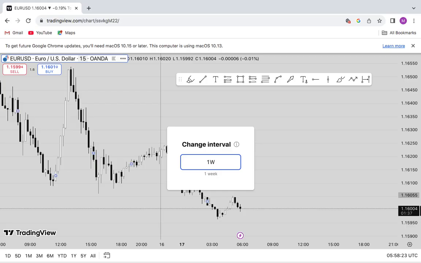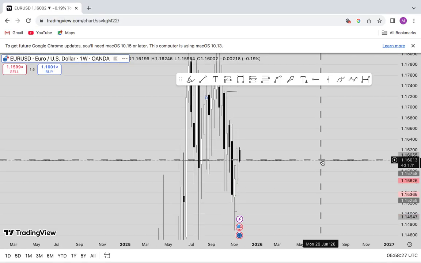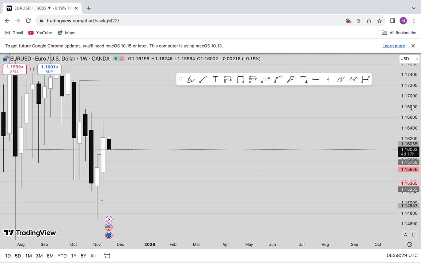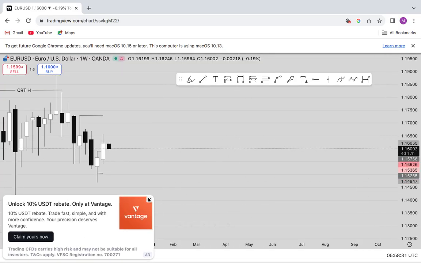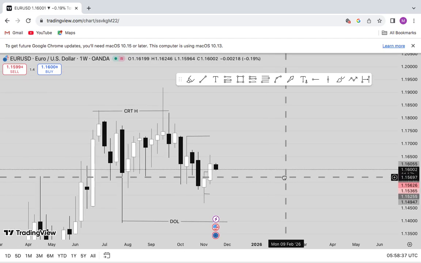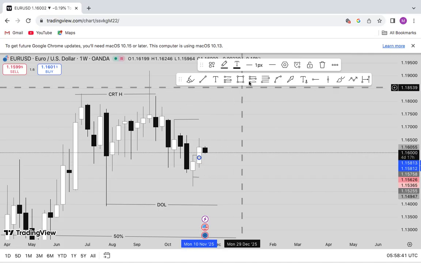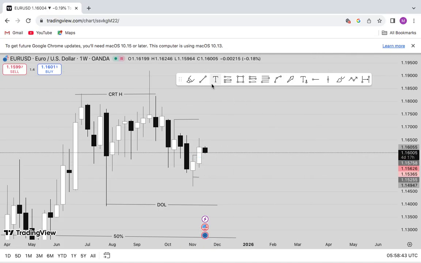So we start from our weekly time frame, and as you can see from our weekly time frame, we had price giving us this CRT. So as you can see, we had the CRT high and the CRT low. So I'm going to just quickly mark it out.